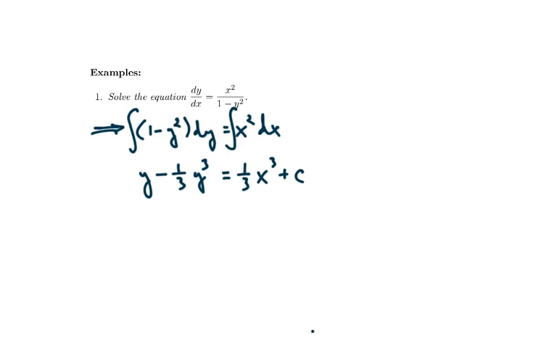I tend to put a c just on the x side, but if you had a c1 on the y and a c2 on the x, you can combine those into just a general constant term. So just adding it on one side, which is typically your dependent variable, or whichever letter is on the bottom of the dy/dx, dy/dt notation, that's going to be your dependent variable. And so over here, this is our solution.